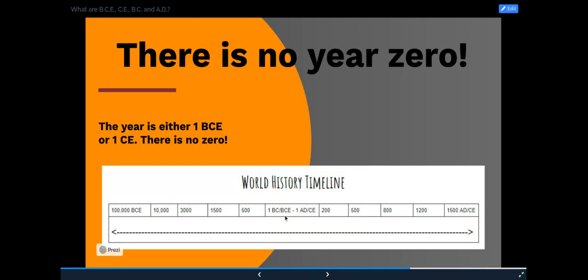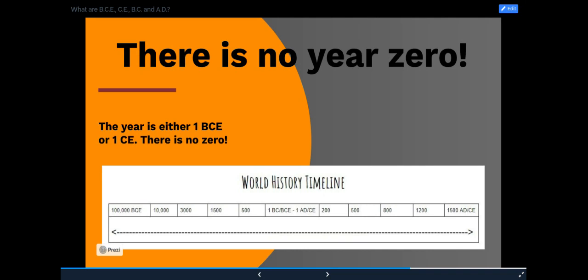So if I'm looking at this timeline that I attached on the bottom, we have 1 BC or BCE, then 1 AD or CE, and then the numbers go up to the right. So up, getting closer to the year that we are in now. And when we go on the years BCE, we go backwards.